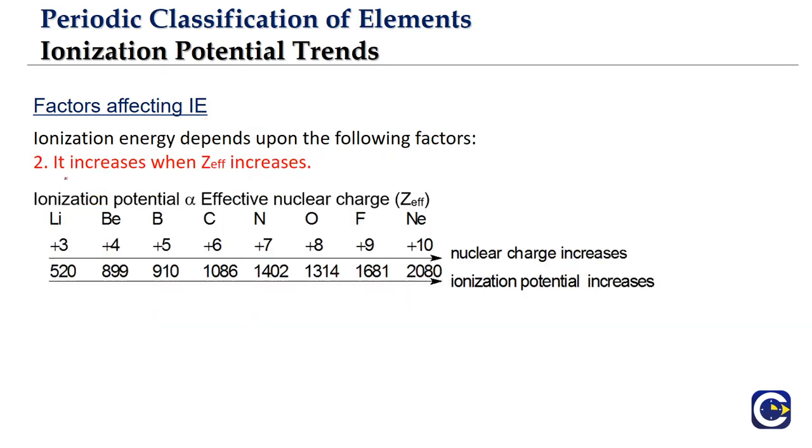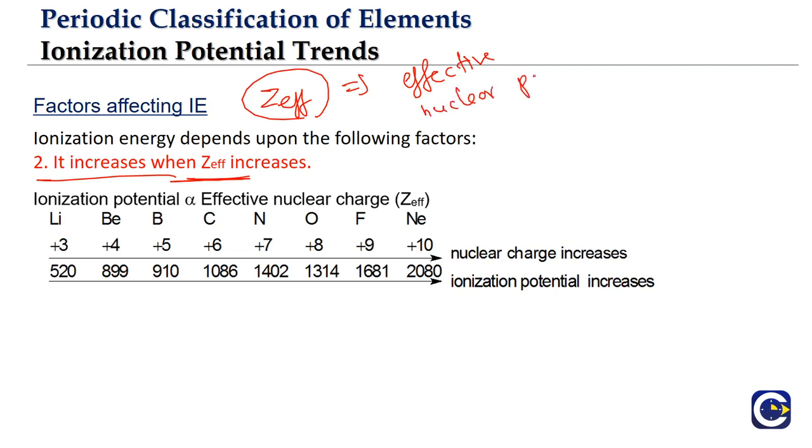The second factor is effective nuclear charge. What does effective nuclear charge represent? The Z effective value, we have talked about it even in our atomic radius trend. Z effective represents the effective nuclear pull on the outer electron; whichever electron we are focusing on, we measure Z effective for that.